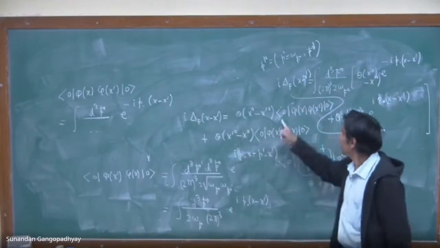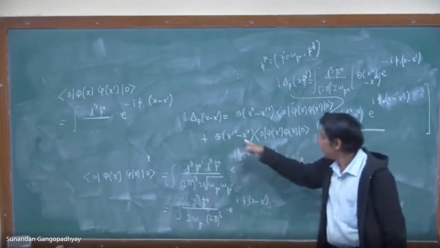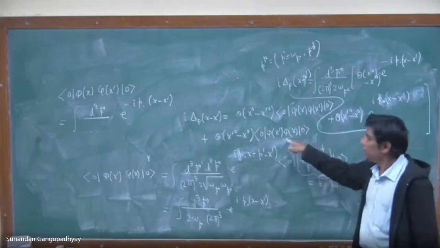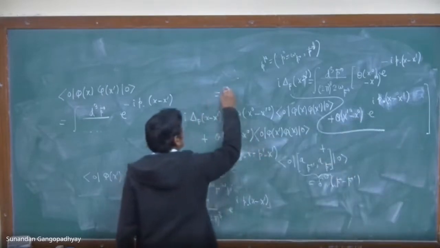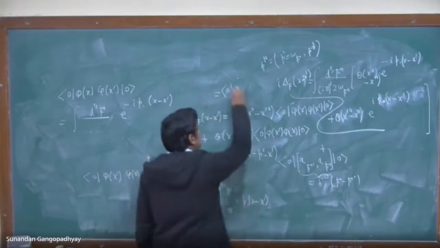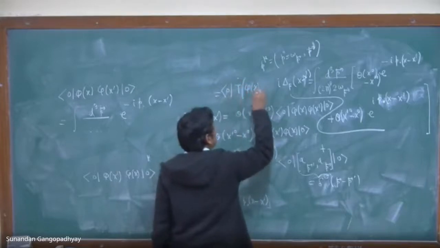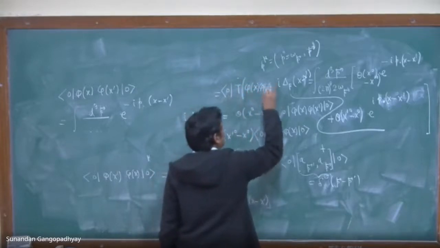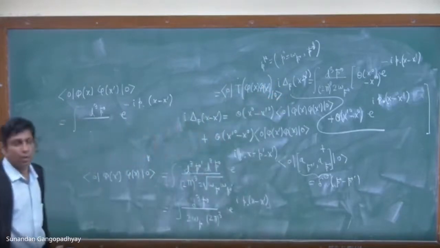Therefore, we have this important result that iΔ_F(x − x′), which is the Feynman propagator or the Feynman-Green function, is nothing but the vacuum expectation value of the time-ordered product of two field operators. So this is the central result.